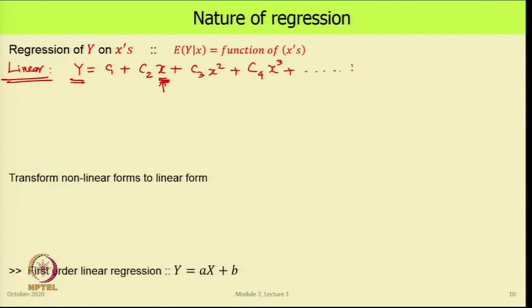To give an example of a nonlinear, we could have y is equal to C1 plus C2 x1 y1. So, this is for two variables. Then there could be other possibilities. We could have that y is equal to C1 times x to the power C2.